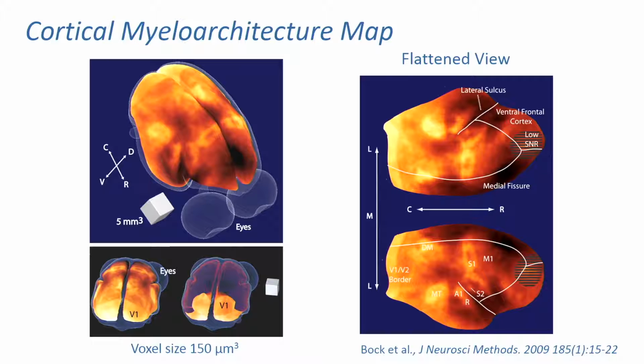You have a primary auditory cortex, area A1, and also area R here. You have the secondary somatosensory cortex inside the temporal sulcus, and you even have the motor cortex, M1, represented well.